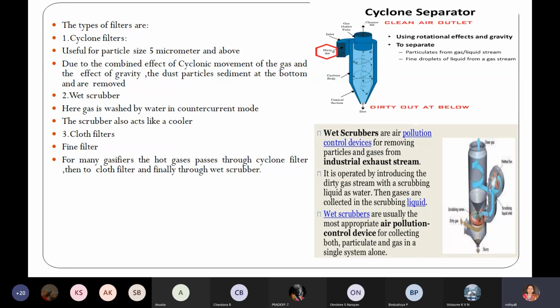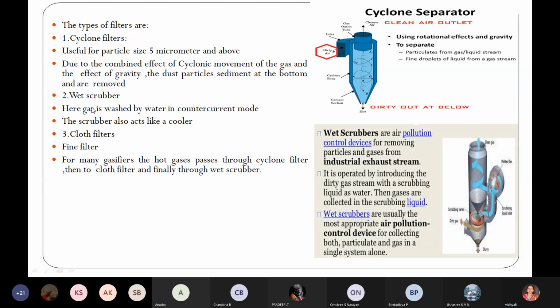It removes particulates from a gas or liquid stream, and fine droplets of liquid from a gas stream. It is useful for particle sizes of 5 micrometers and above. Due to the combined effect of cyclonic movement of the gas and gravity, the dust particles sediment at the bottom and are removed. You can observe it here.